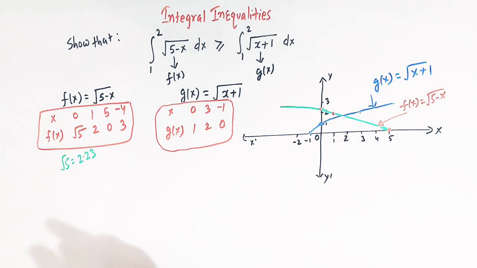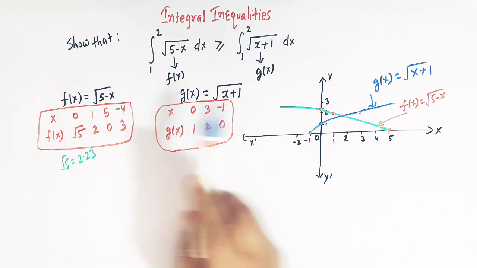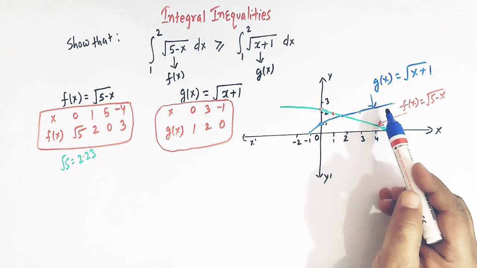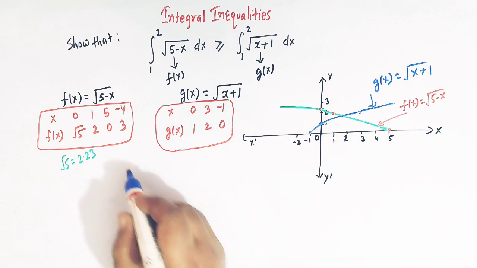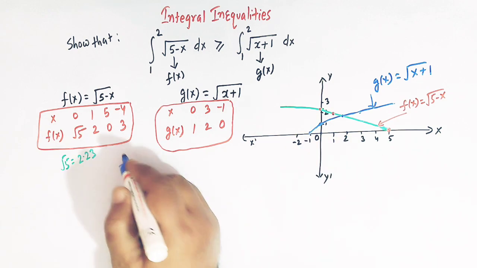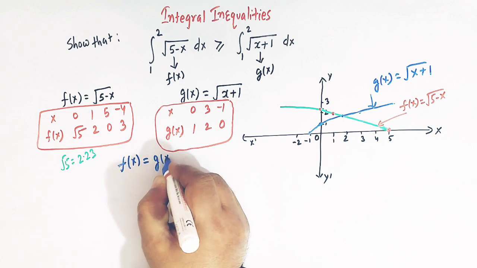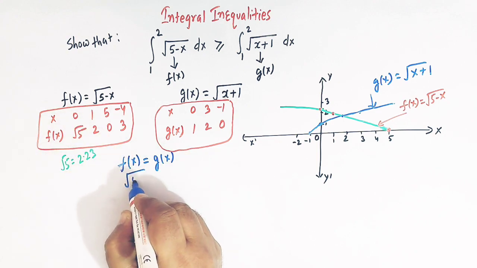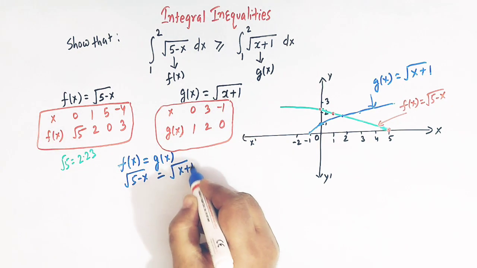So now let us calculate the point of intersection, right? So this is the point of intersection of these two curves, that is the blue curve and the green curve, right? The point of intersection may be obtained by equating f of x and g of x. So f of x is square root of 5 minus x and g of x is square root of x plus 1.